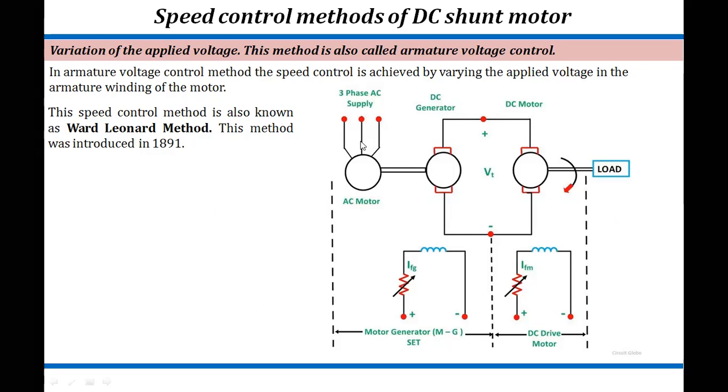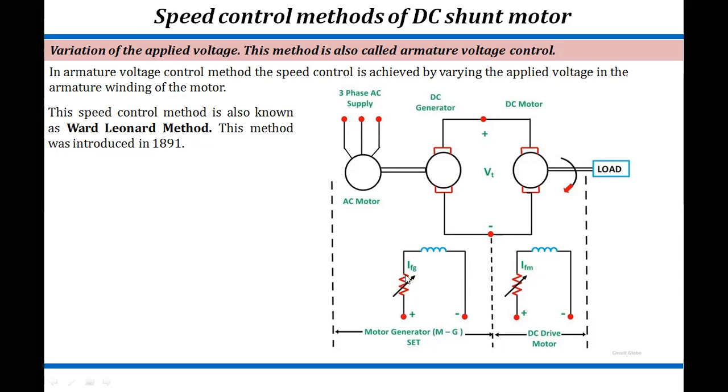So what we are doing here, when we are giving the three-phase supply, at that time we are supposed to control the speed by controlling the applied voltage that we are giving to the armature winding. This method is known as the Ward-Leonard method. It was introduced in 1890. At the output of the DC motor, we are connecting a load. If you see here also, with the field winding we are using the rheostat.